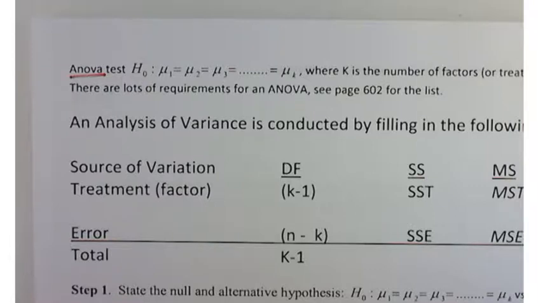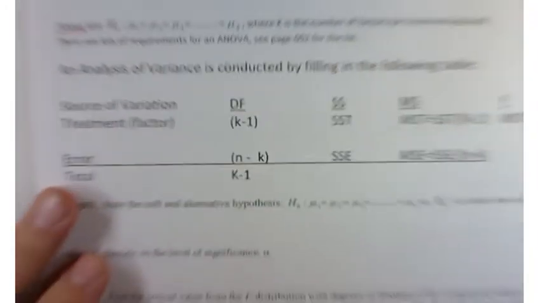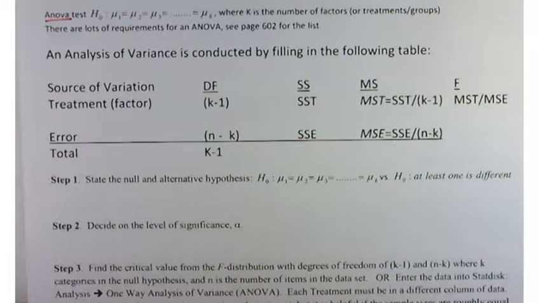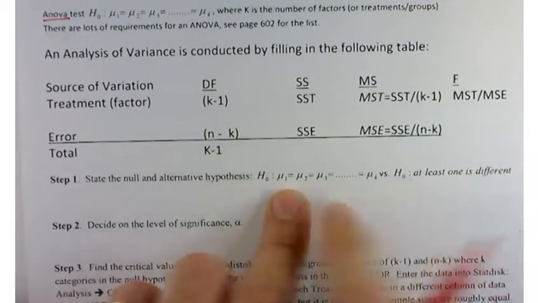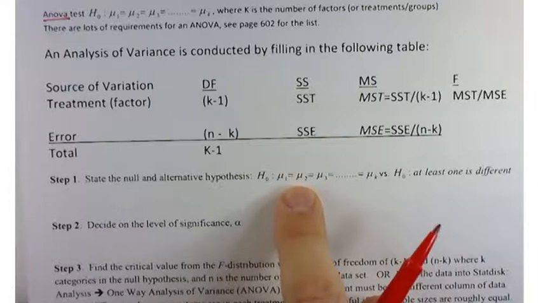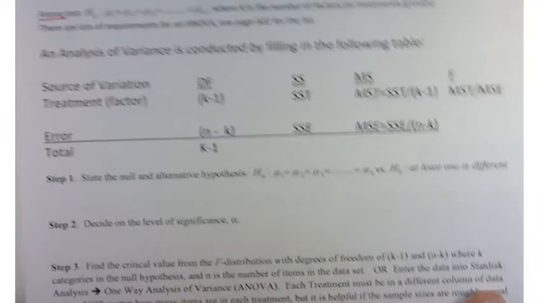And then your alternative hypothesis is that at least one of them is different. One of them doesn't match the other ones. So it's called an omnibus alternative. It's like a catch-all. At least one of them is different. To figure out which one is different and how different, you'd have to do some follow-up analysis. We're going to limit ourselves to just working on this part, deciding whether or not we reject or fail to reject the null hypothesis.